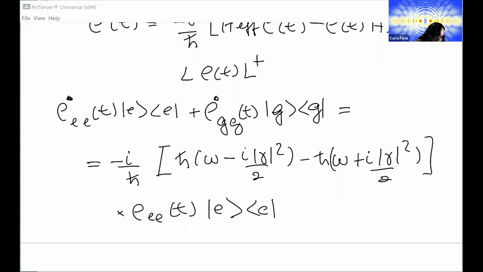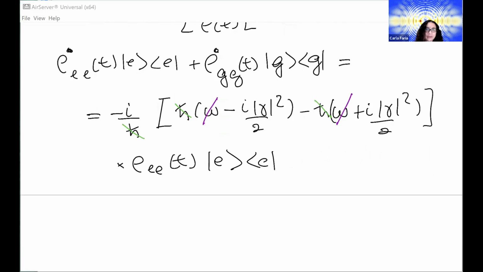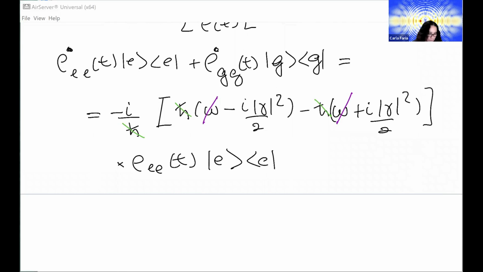So let's simplify this. We need to tidy this up. We can see these two cancel out. And we can also see that this cancels out. So we are still going to do some multiplications.